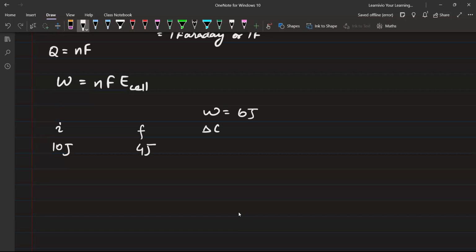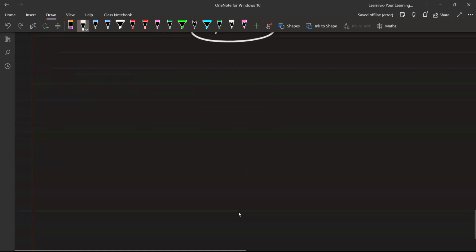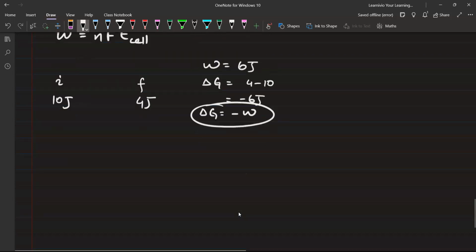So the change in energy is final minus initial, that is 4 minus 10, which is equal to minus 6 joules. You can say that delta G is equal to minus W. Makes sense, yes or no? Yes, sir. इसको मत लिखिएगा आप लोग. After this, W is equal to nFE cell.